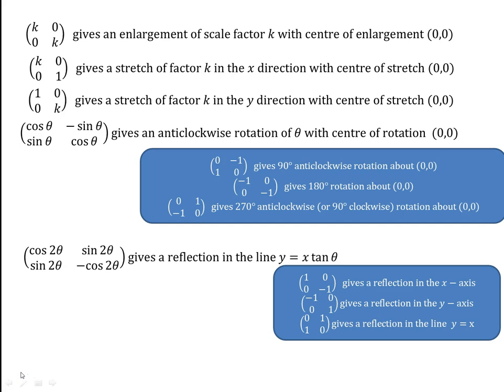If I substitute in theta equals 90, then I get the matrix minus 1, 0, 0, 1, giving me a reflection in the y-axis. And if I substitute in theta equals 45, that will give me a reflection in the line y equals x, being 0, 1, 1, 0.